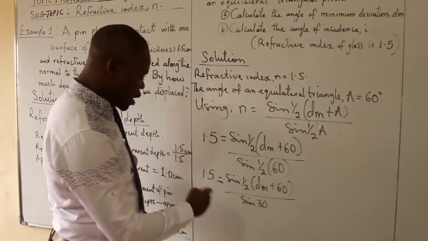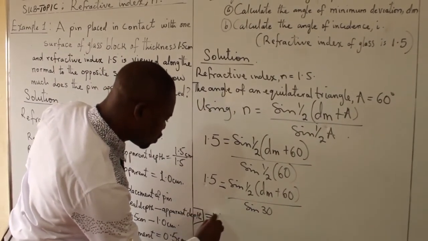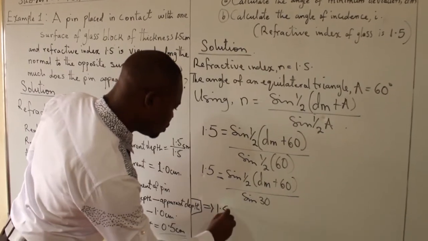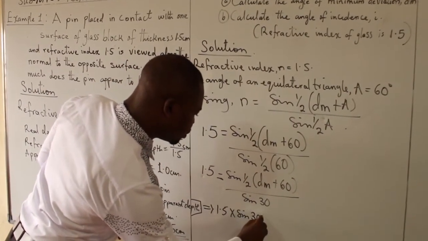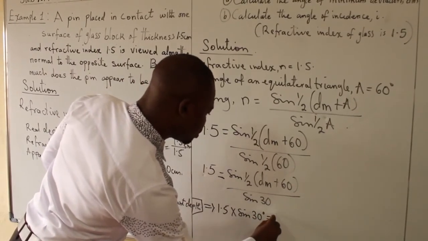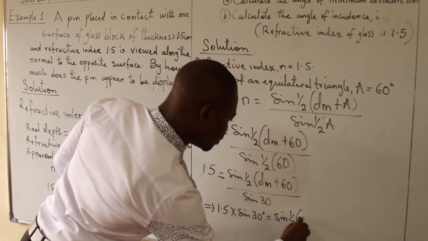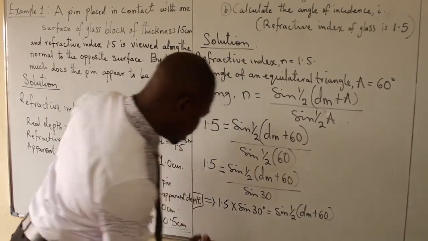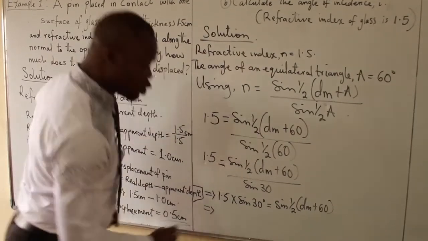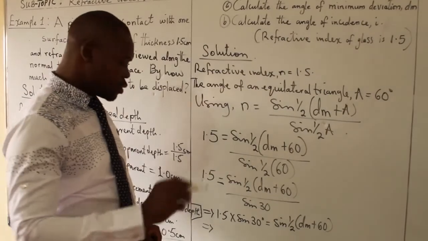If you cross multiply, you have 1.5 times sine 30 degrees equals sine 1/2 bracket minimum deviation plus 60. And if you punch your calculator, sine 30 degrees is 0.5.